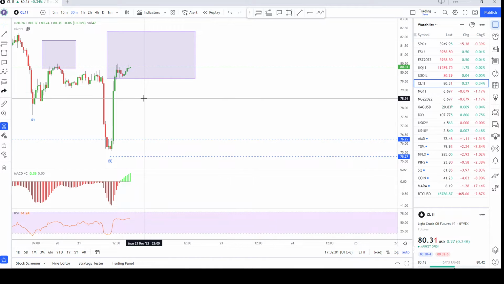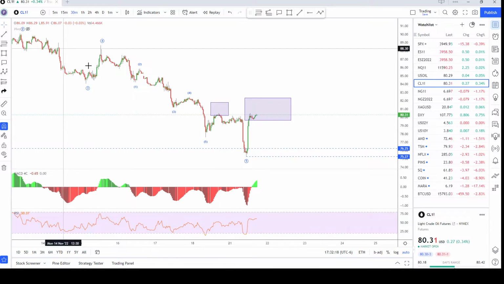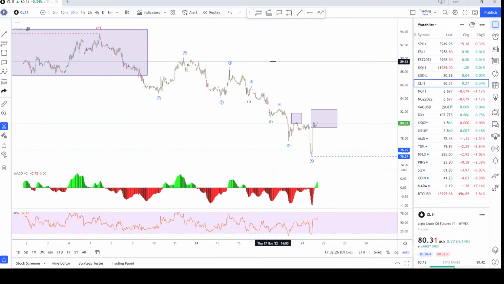So expecting a correction, but when it makes this correction, and then this might still have even more up, but when it does make some kind of correction, we need to keep an eye and see, is this just making like an ABC, and then it's going to reverse, and this is all like 1, this is 2, and it's going down for 3, 4, and 5. So does it have a lot more to go down?